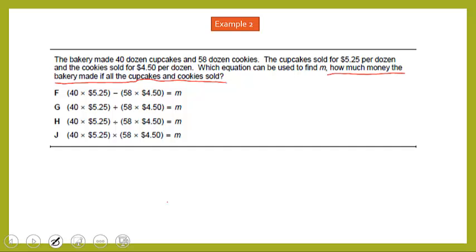I hope you finish. I'll go ahead and create my story, my equation for you, and you can check as you go along. So I know that I'm looking for how much money was made, so that means it makes me think about a total. So I'm going to first of all think about the story.